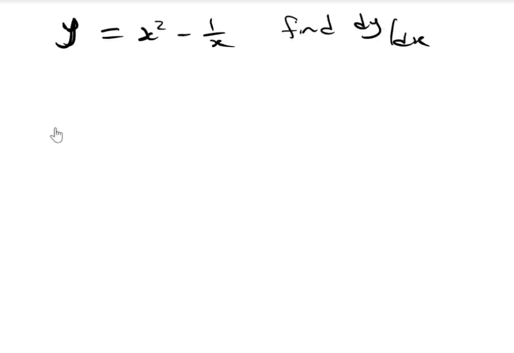What if we are given this expression y is equal to x squared minus 1 divided by x, and we are asked to find dy dx. So we can rewrite this expression by saying this is x squared. We already know that 1 divided by x is the same thing as x to the minus 1.